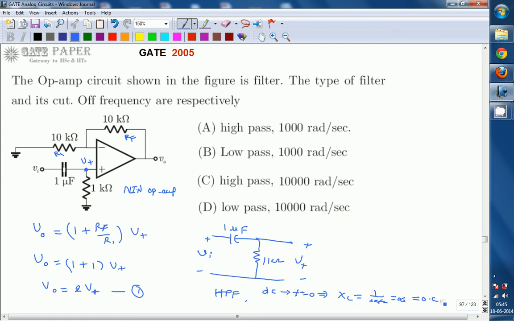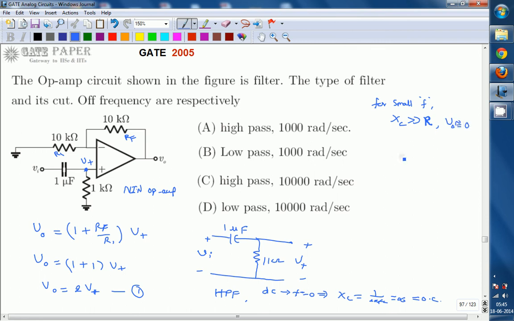For small frequencies, XC is very large compared to R, so that V naught is approximated as 0.